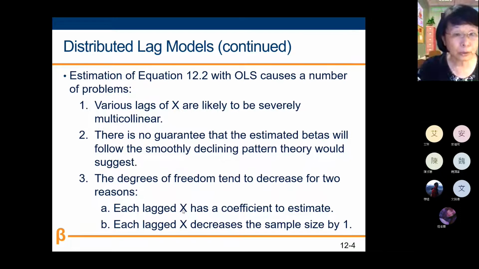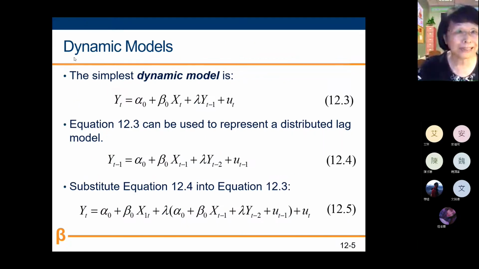So for these two reasons, the degrees of freedom decrease. But when we say there are problems, it doesn't mean that this model is useless.